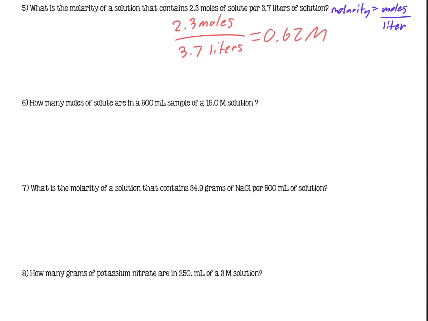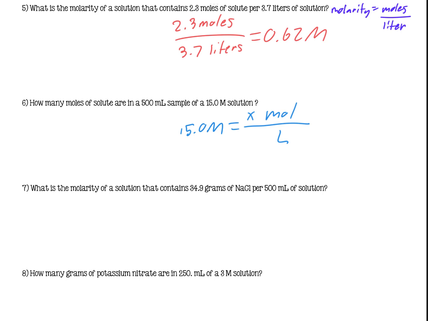Next, we want to know how many moles of solute are in a 500 milliliter sample of a 15.0 molar solution. Remember, molarity is always given in moles per liter. So that means our 15.0 molar solution is made up of some unknown number of moles divided by liters.